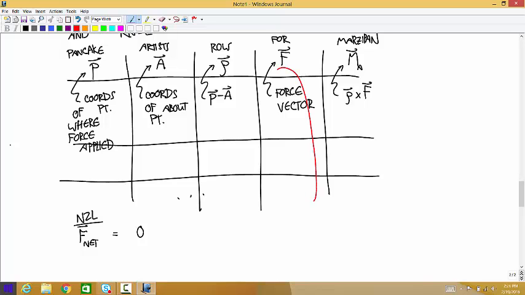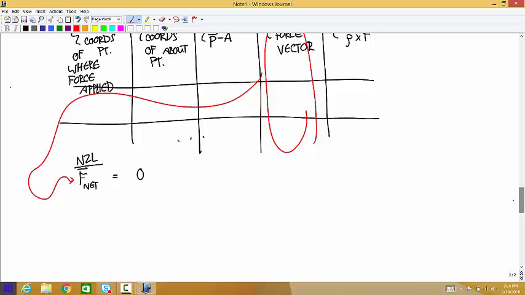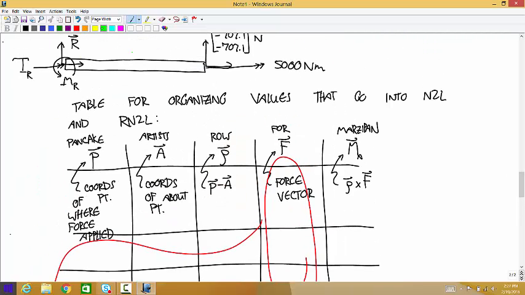Well, those forces, you can just go right down this column. They're all listed here. And the rotational equation says the sum of the moments about A is equal to 0. And you can just get those right out of this column.